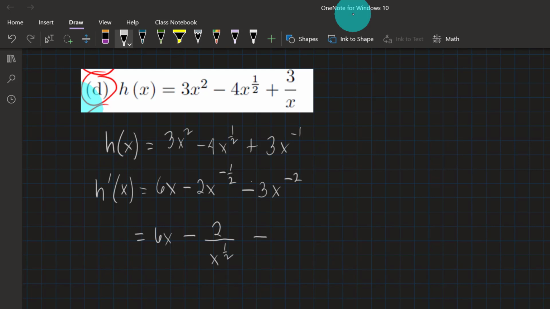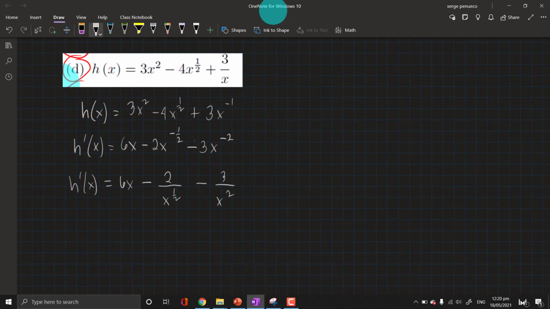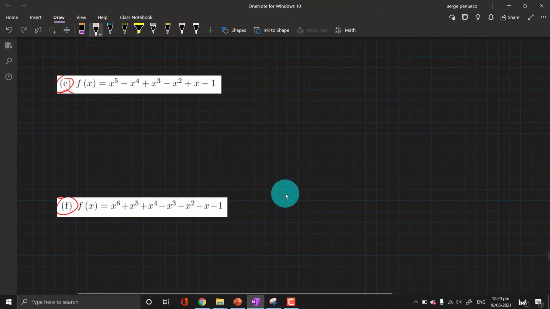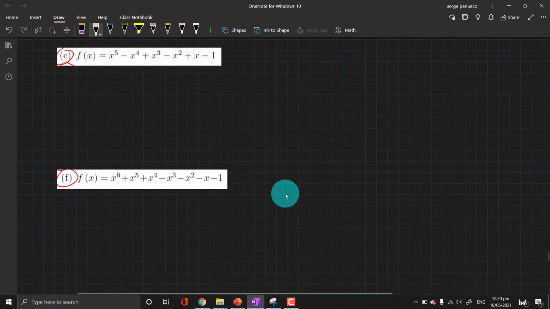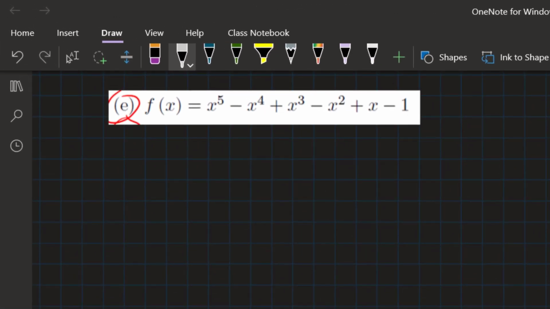Minus, ito lagay din natin sa denominator ulit, magiging minus 3 over x raised to 2. So ito na yung sagot natin, h prime of x. Another one, simple lang to. Madali lang to. So, this will be f prime of x is equal to 5.